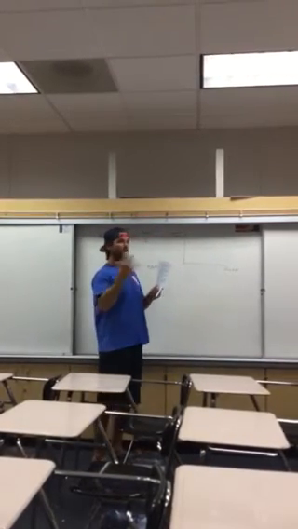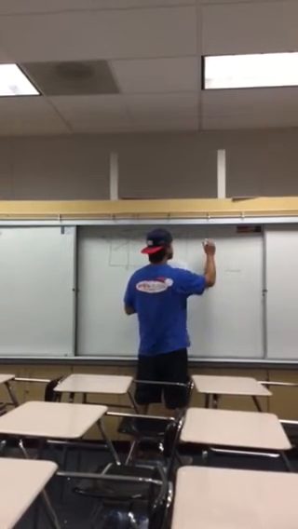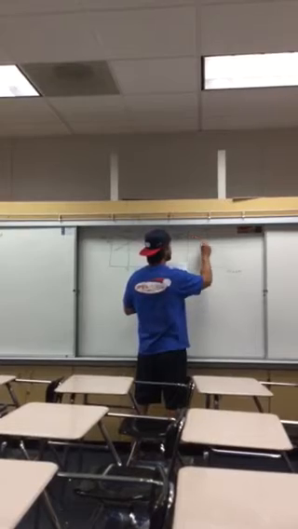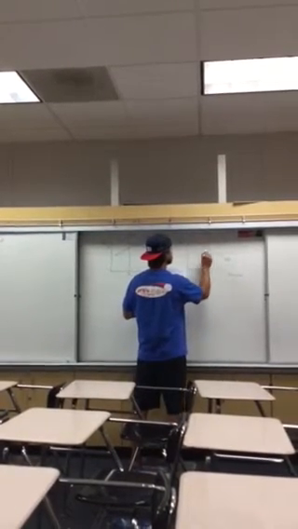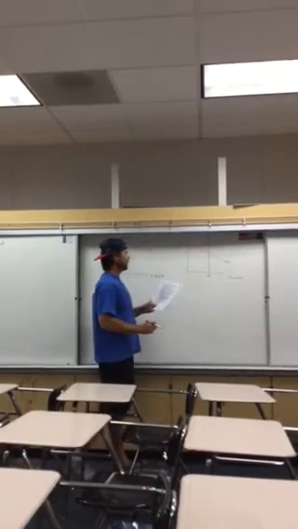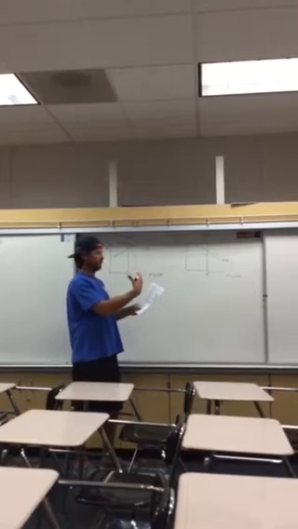Remember, the money supply is always vertical. It's always vertical. So we've got money supply, we got money demand, all right, we got Q, and then we got a little lowercase n for the nominal interest rate.